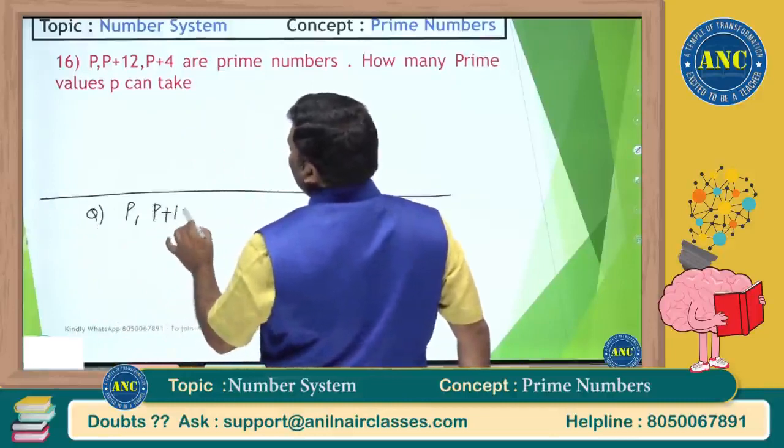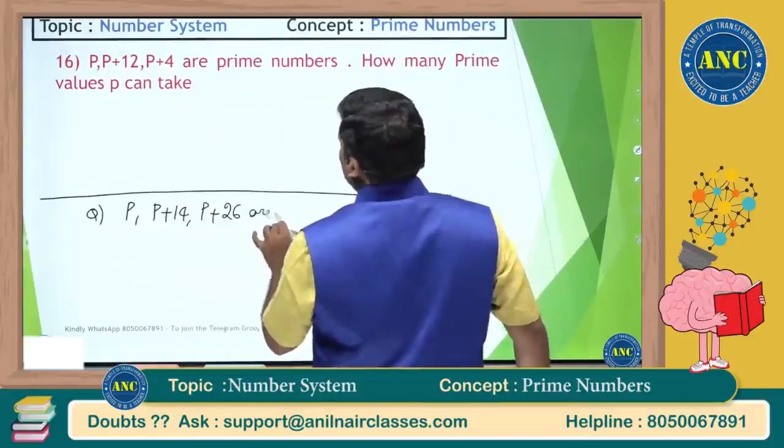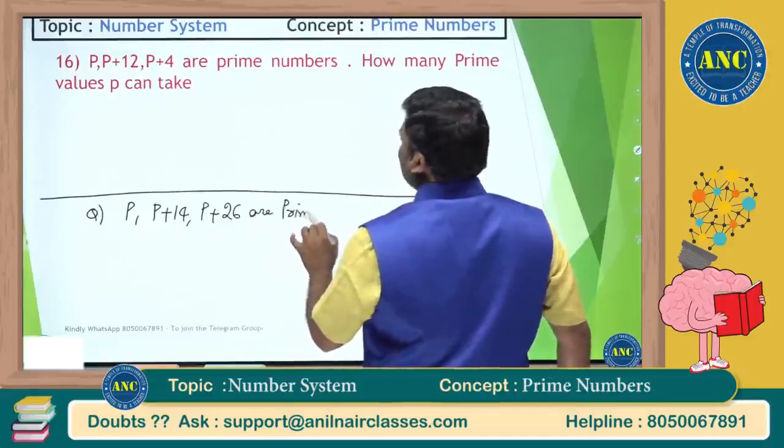P plus 14 and P plus 26 are prime numbers.